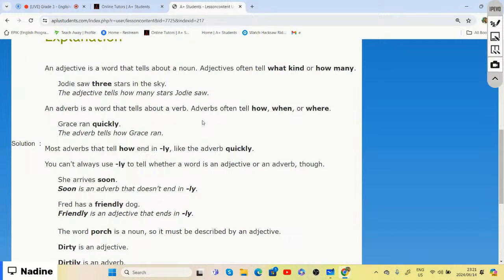But you can't always just use ly to tell whether a word is an adjective or an adverb. For example, she arrives soon. She arrives soon.